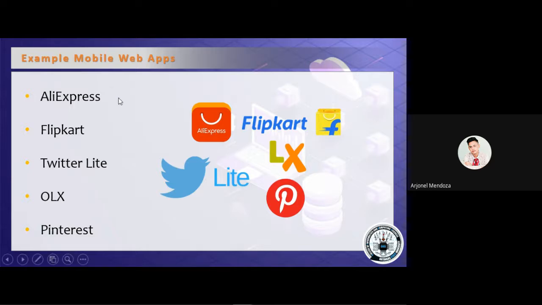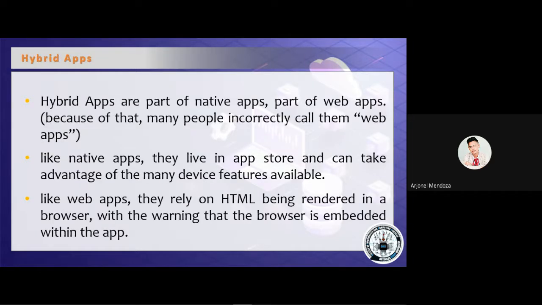Okay, let's discuss hybrid. What do you mean when we say hybrid? Yes, Mr. Perez? Sir, hybrid is compatible on different platforms, like Windows Phone, BlackBerry OS, iOS, and Android. Alright, that's correct.